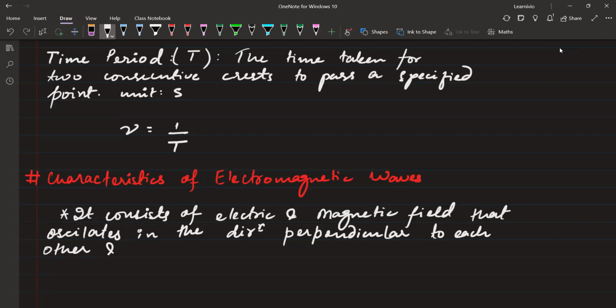Perpendicular to each other, and both are perpendicular to direction of propagation.